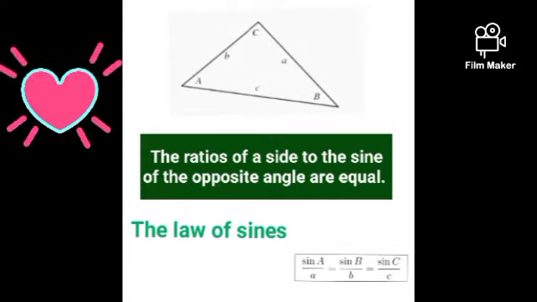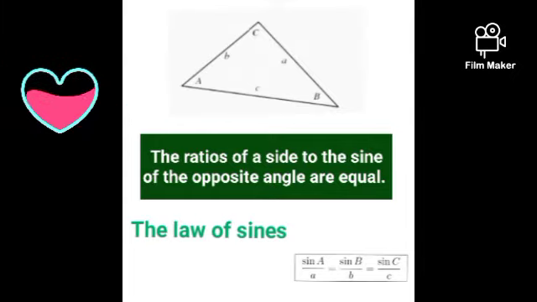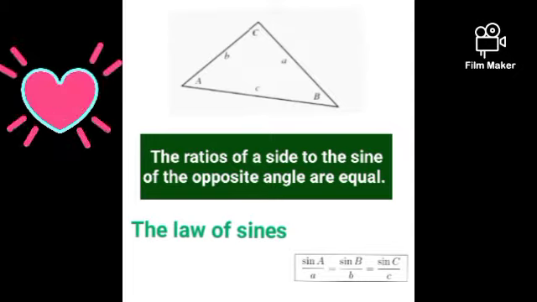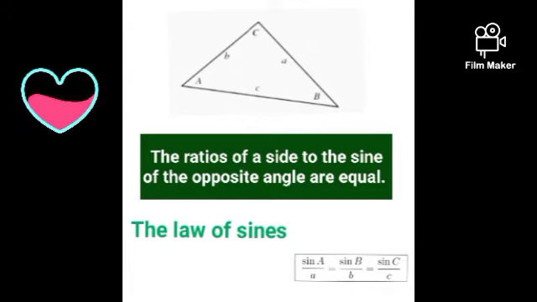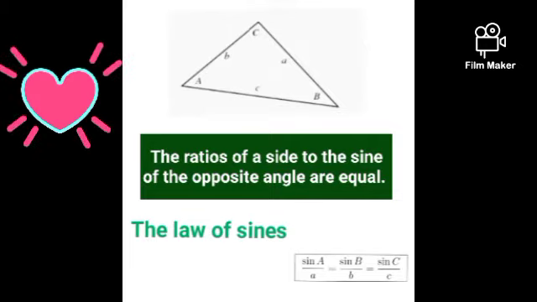None of the angles is equal to 90 degrees. The angle C is an obtuse angle, it is more than 90 degrees, while the angles A and B are acute angles. The sides opposite A, B, C are denoted by small a, small b, and small c respectively.